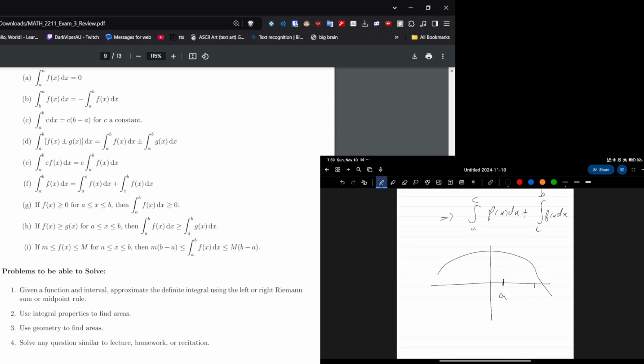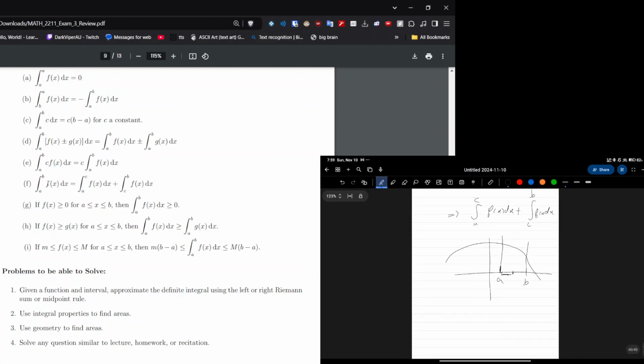This is a and this is b, and the graph was from here to here. Originally my area was this, but I introduced another variable c. So now all I'm doing is first calculating from here to here in this, and then calculating from here to here in this. It's the exact same thing. I'm just breaking them apart.